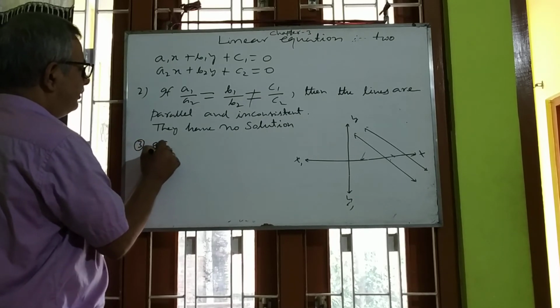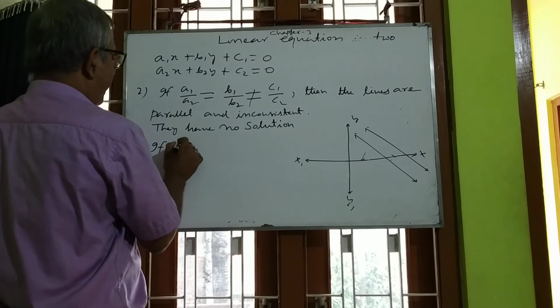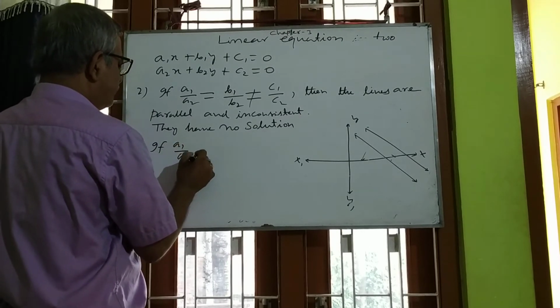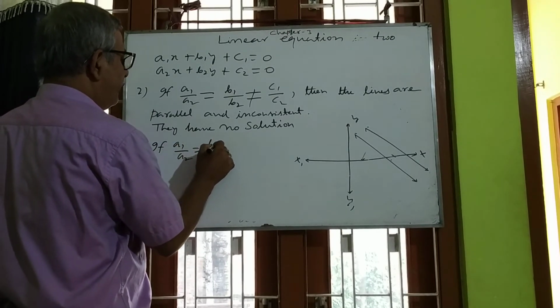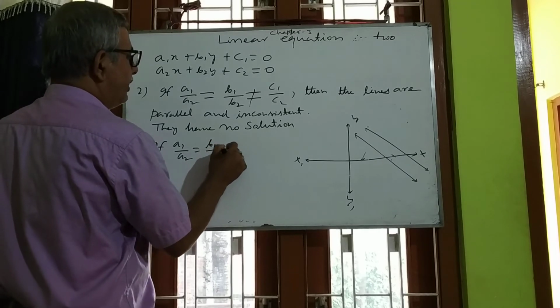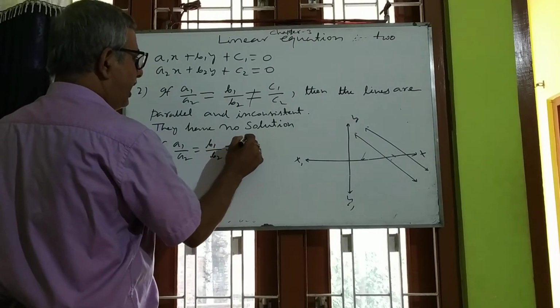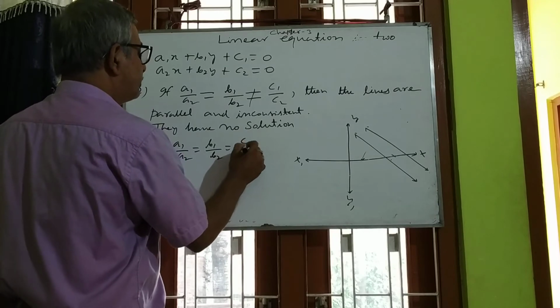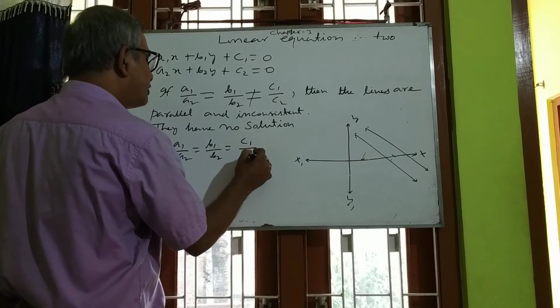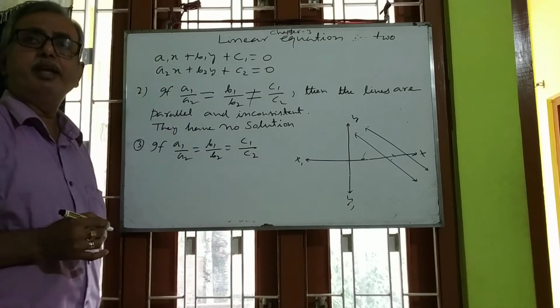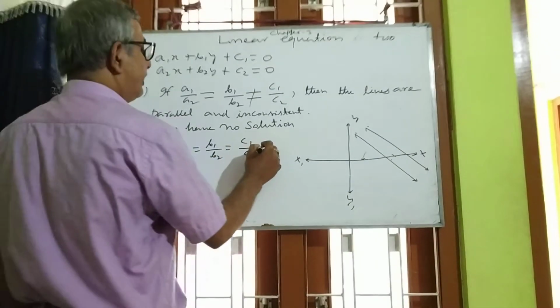if a1 by a2, b1 by b2, c1 by c2, all the ratios are equal, then what will happen? Do you understand?